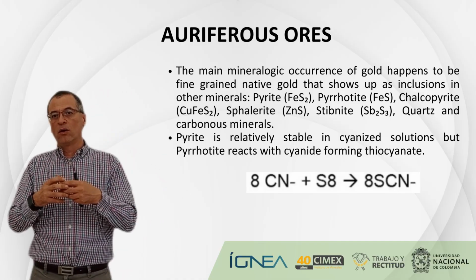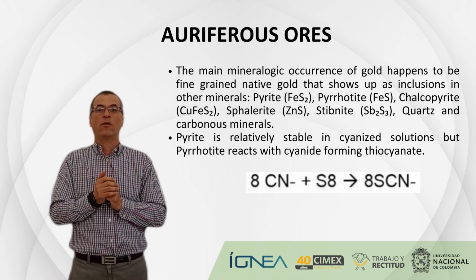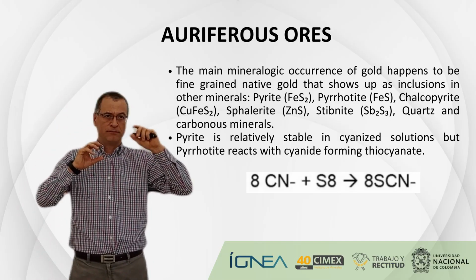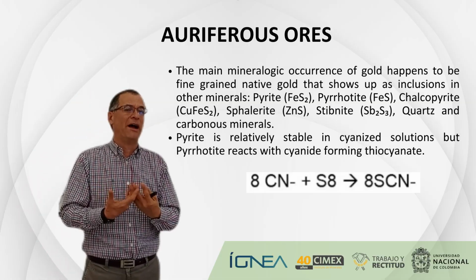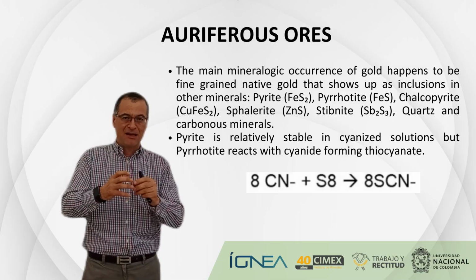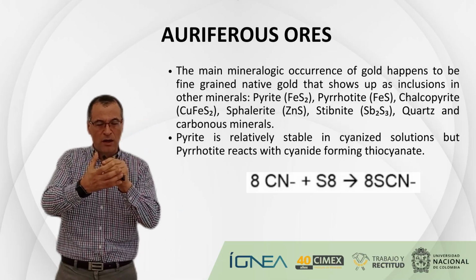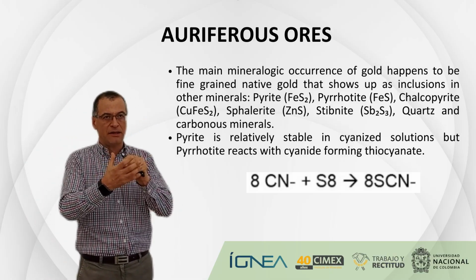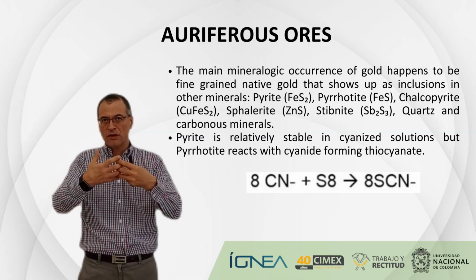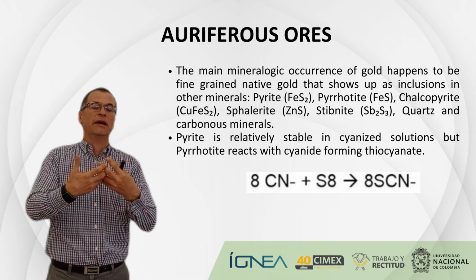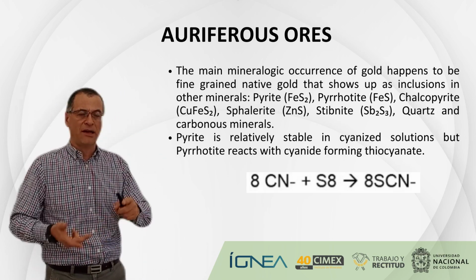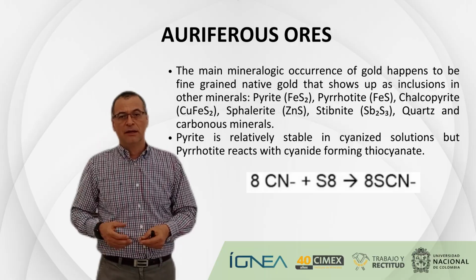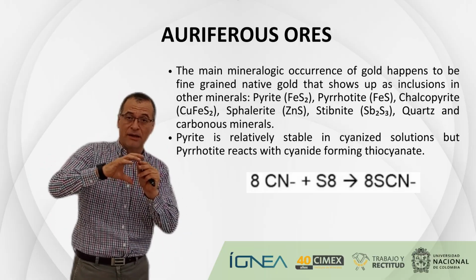Mainly the gold is native ore without any combination of metals, but it's possible to find the metal inside the structure, the structural disposition of the sulfides, such as pyrite, pyrrhotite, chalcopyrite, and sphalerite, with the gold inside the crystal structure.